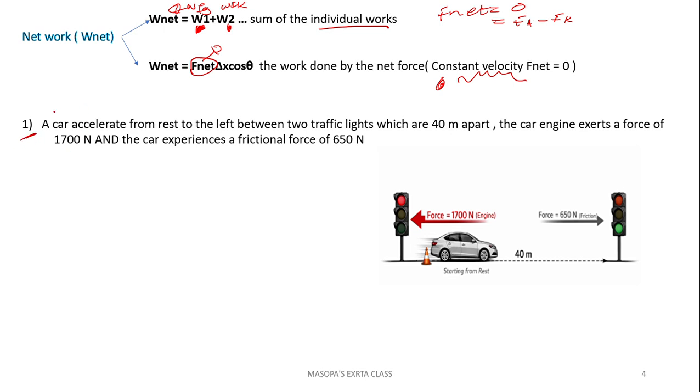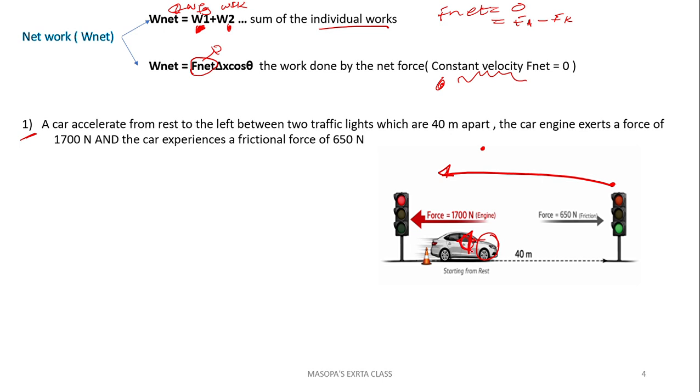They say that a car accelerates from rest to the left between two traffic lights. Please, I made a mistake here, I just realized now. So this car accelerates from rest to the left, so basically the front must face that way.